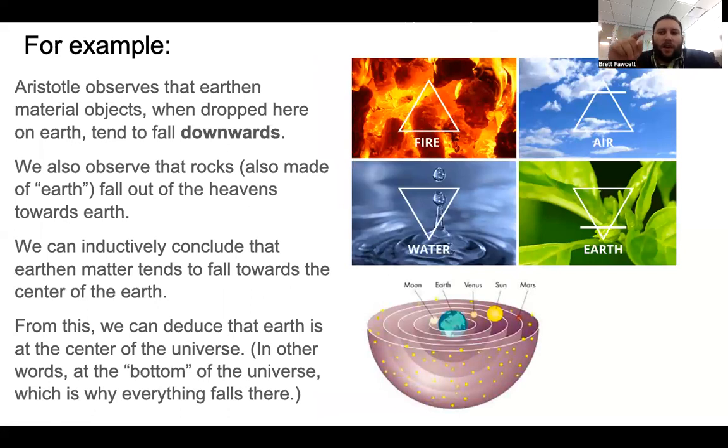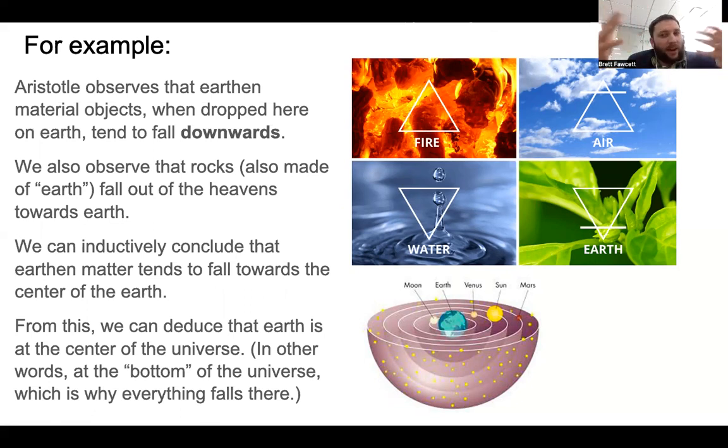Aristotle observes that heavy earthen material objects, when they're dropped here on Earth, tend to fall downwards. And we notice that rocks that are made of earth keep falling out of the sky and landing on our planet. So we can inductively conclude from that that earthen matter tends to fall downwards.